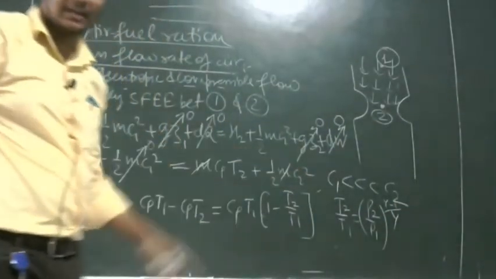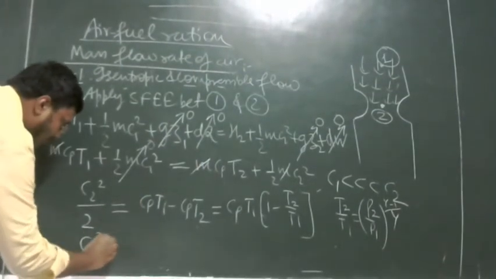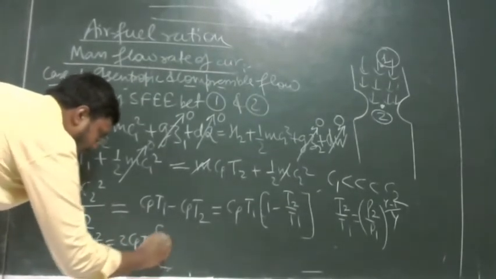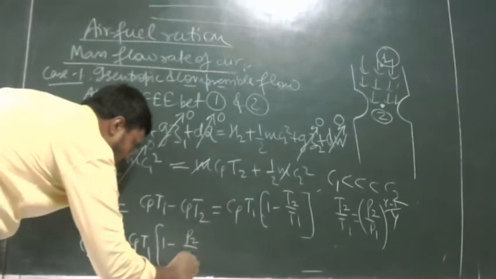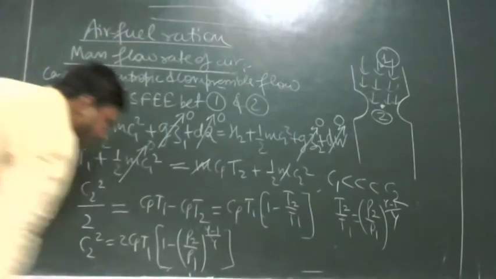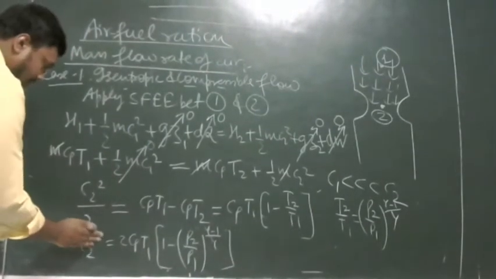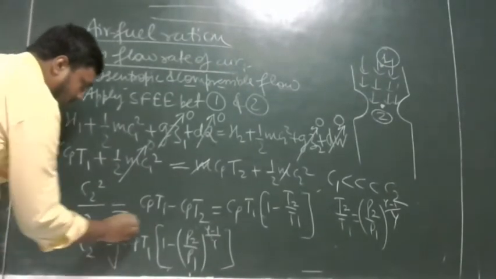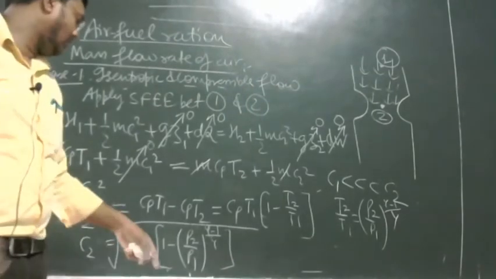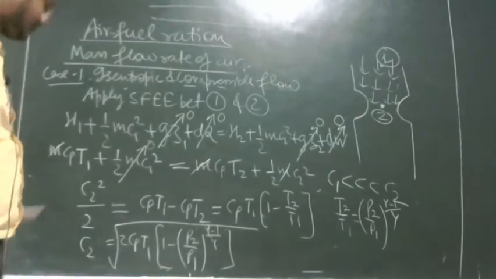You know this equation. Okay, so put here. So we get C2 square is equal to 2 CpT1 within bracket 1 minus P2 by P1 to the power gamma minus 1 by gamma. Okay. Or if you remove this square here, so under root will come in. So we get C2 is equal to under root 2 CpT1 times 1 minus P2 by P1 to the power gamma minus 1 by gamma.